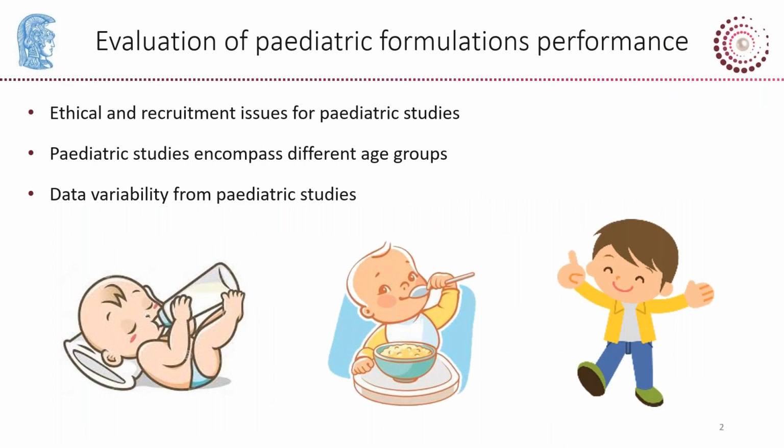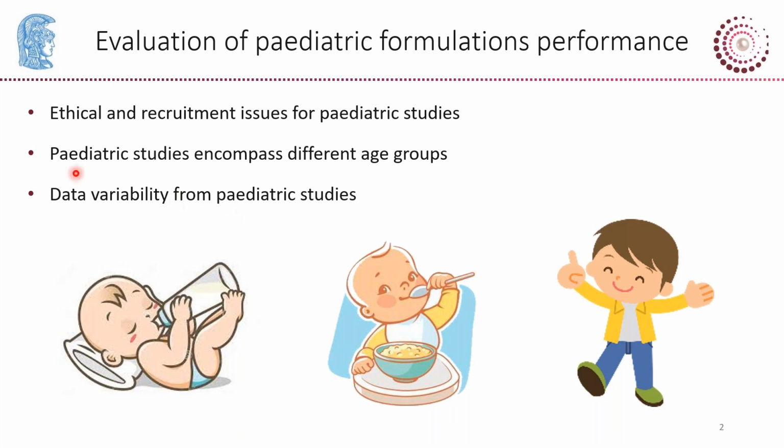The development of pediatric formulations and the extension of licensed drug use to the pediatric populations has become an essential part of the drug development process in order to ensure appropriate dosing, efficacy, and safety for all target pediatric age groups.